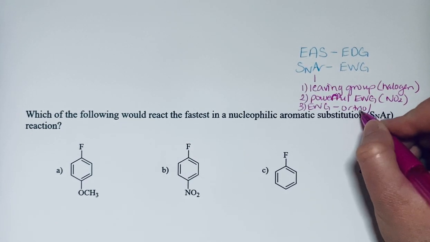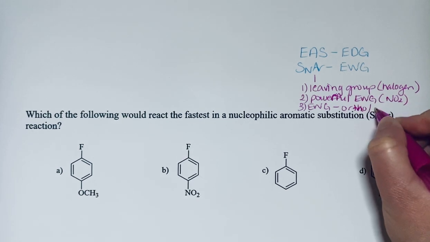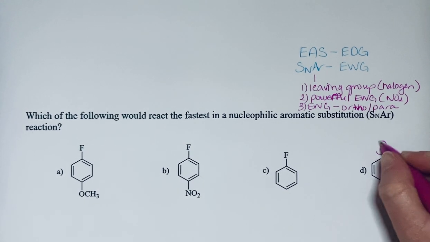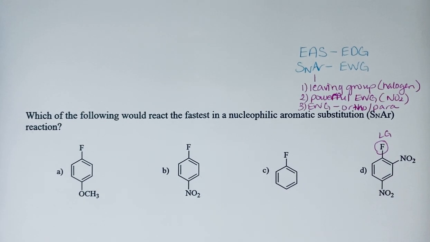Okay, so those are the requirements. So seeing that, we might very quickly pick out D here. We've got our leaving group, our halogen, and we've got the nitros that are ortho and para. So you have a leaving group, and we have these ortho-para electron withdrawing groups. So that's what makes this a really good substrate.